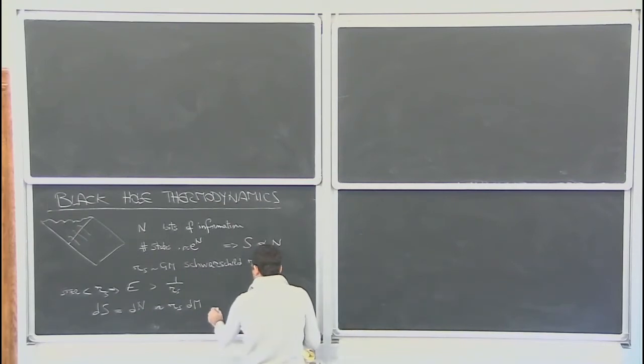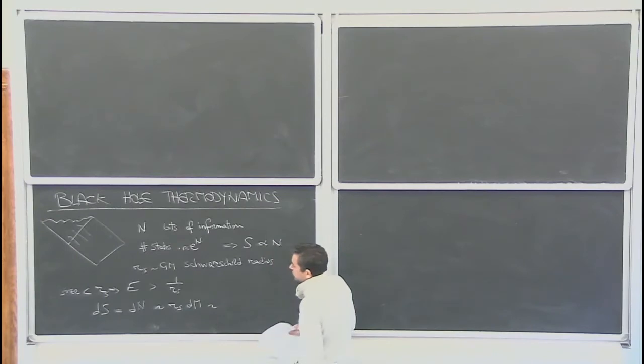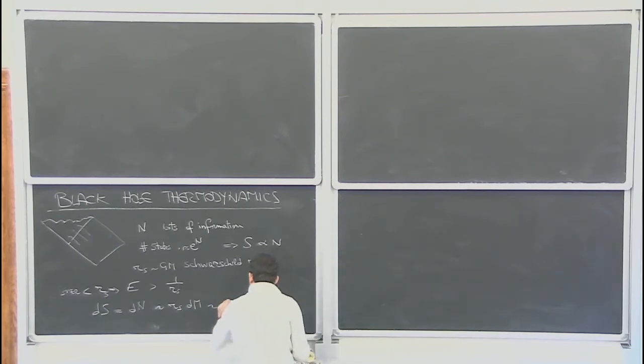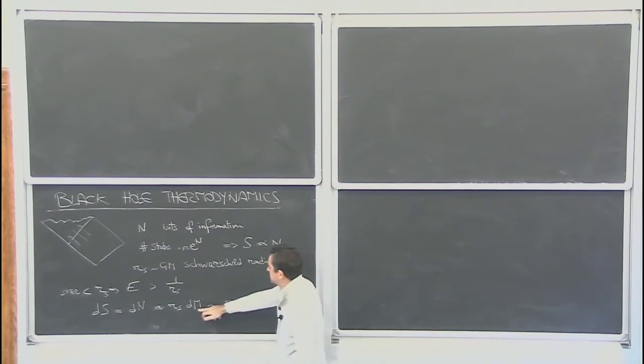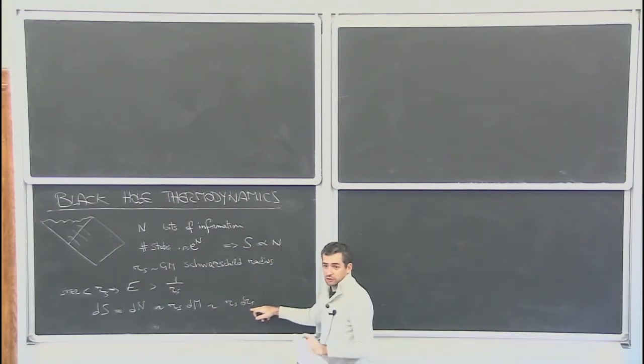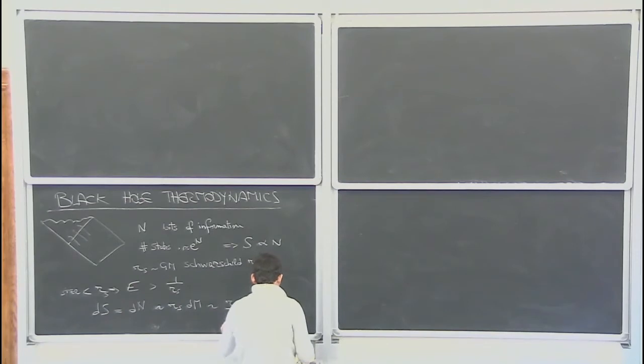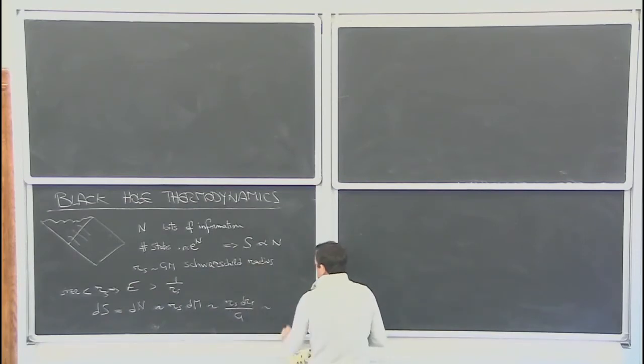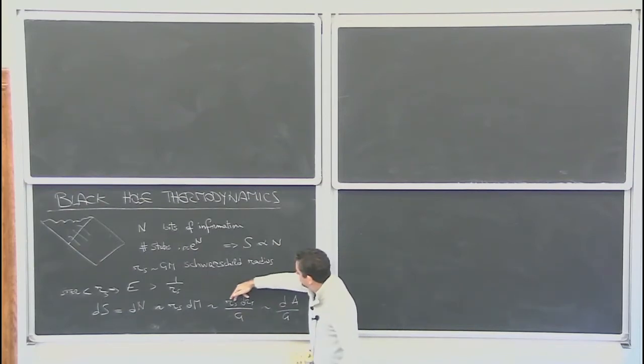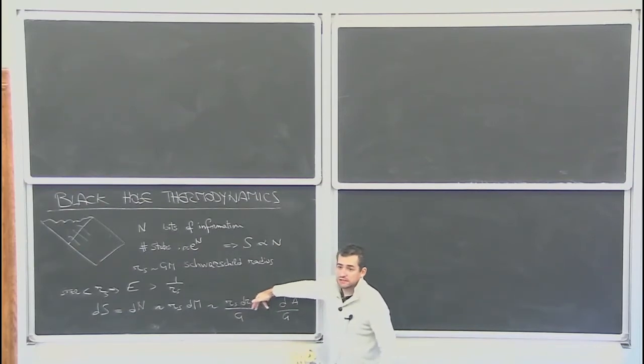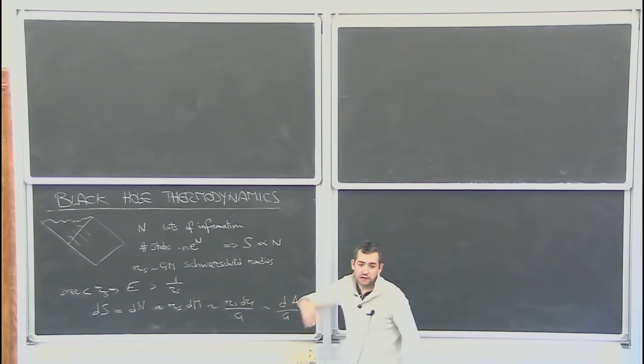And now I use the fact that the mass is related to the Schwarzschild radius, so I get something like Rs dRs over G, because the mass and the Schwarzschild radius are proportional. And this is like d of the area over G, because d of r squared is the d of the area. The area goes like r squared.